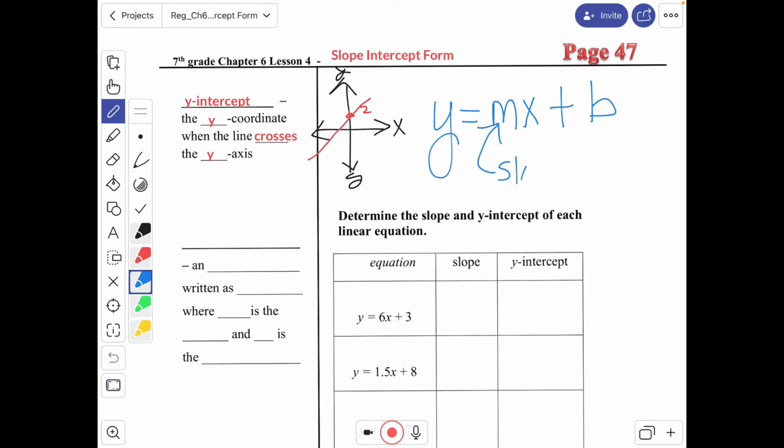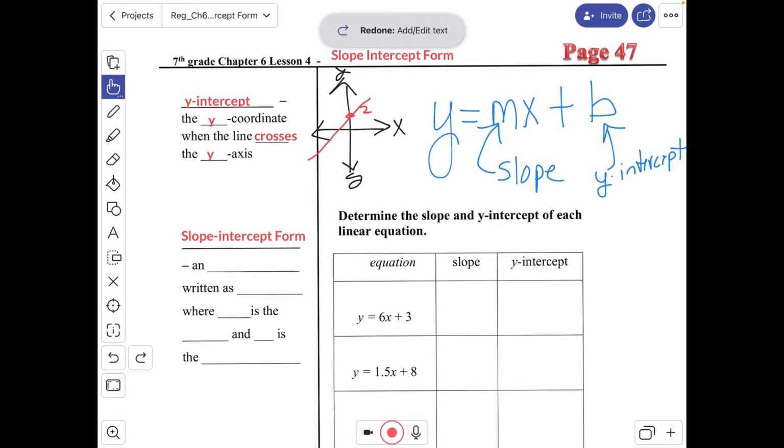M is the slope and b is the y-intercept. So slope-intercept form is an equation written as y equals mx plus b, where m is the slope and b is the y-intercept.